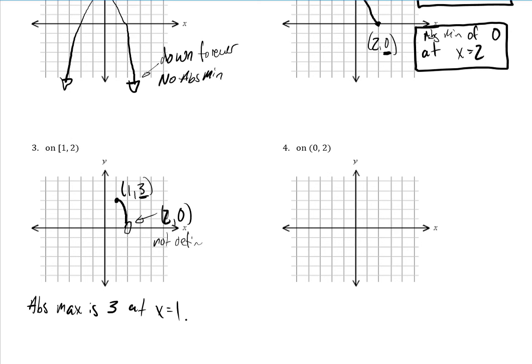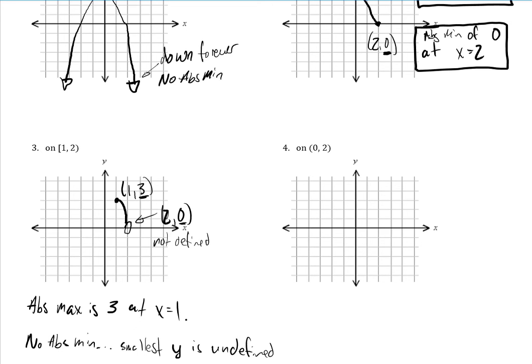So that means my y value that looks like it should be the smallest, 0, is not. It's just getting really, really close to 0. So that means I don't really have an absolute minimum. So no absolute minimum on this problem, because where my smallest y-coordinate should be is not defined. Smallest y is undefined.